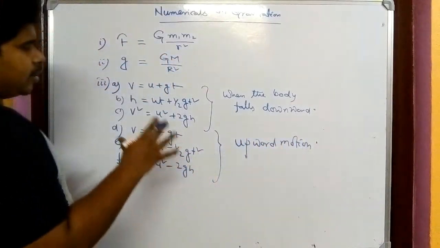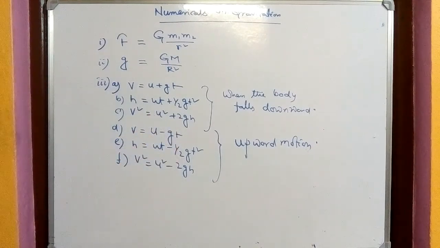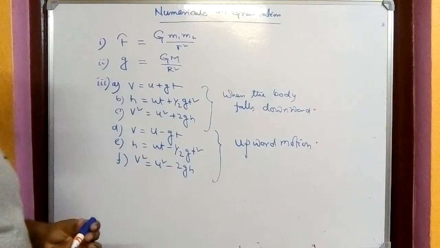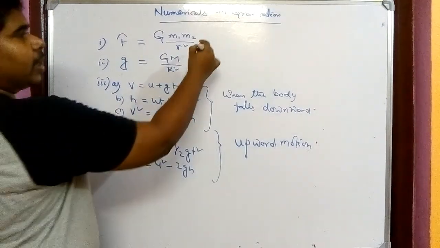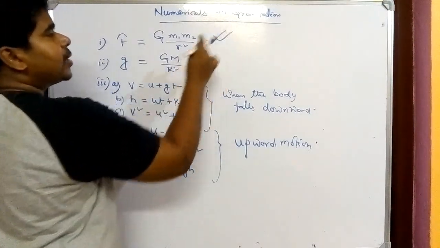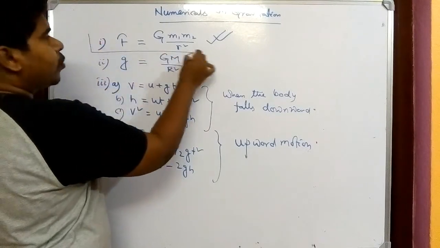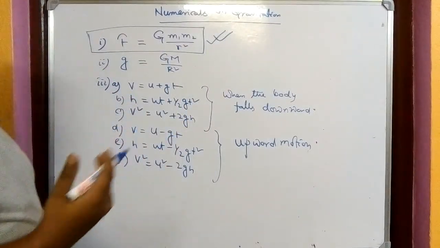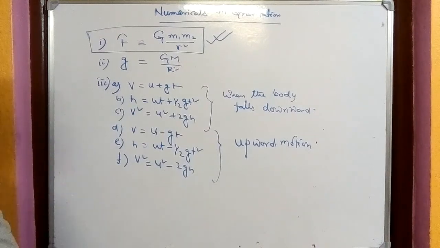So these equations we have to use in the case of numericals. That is our target. From Newton's law of gravitation, the numericals we have done involve taking the mass of earth and mass of moon and finding the attraction force.